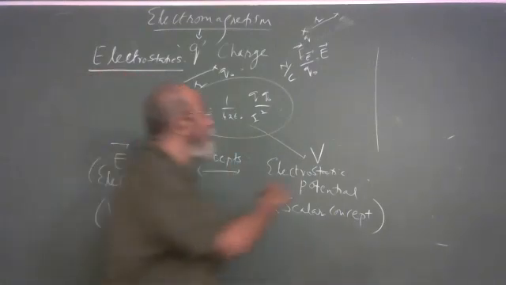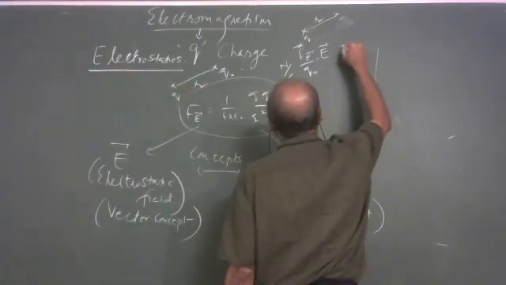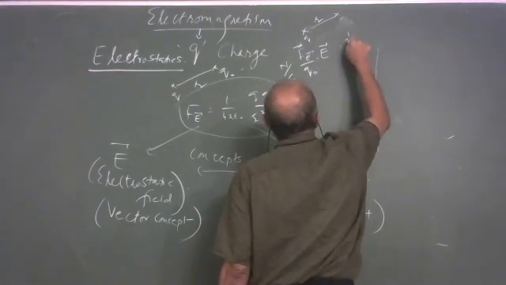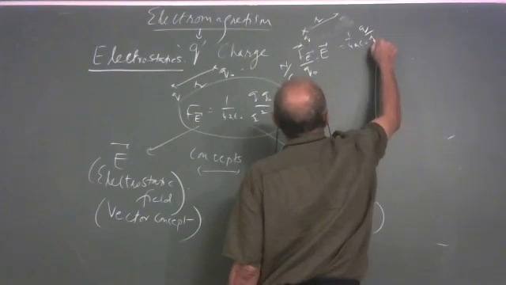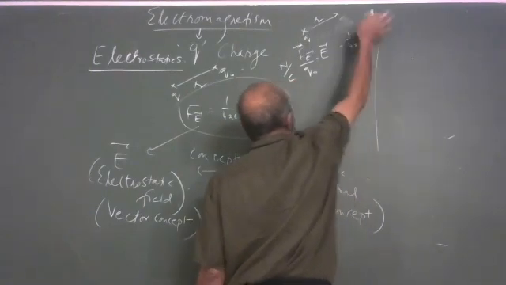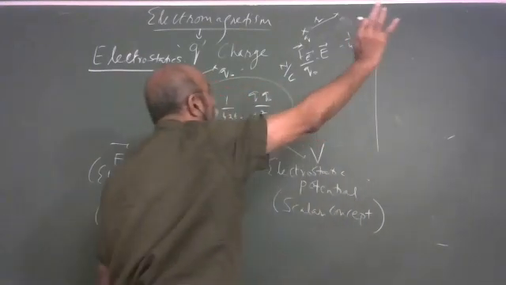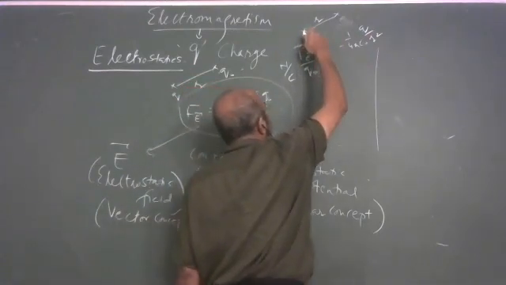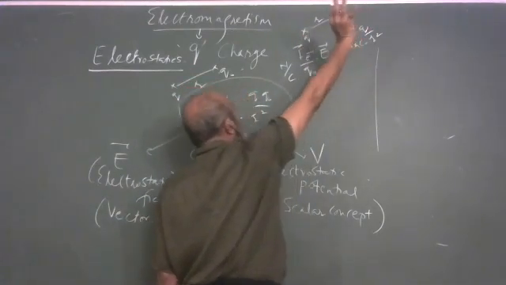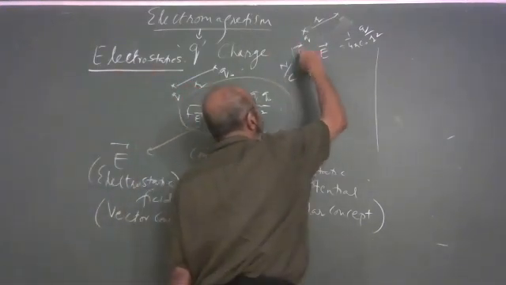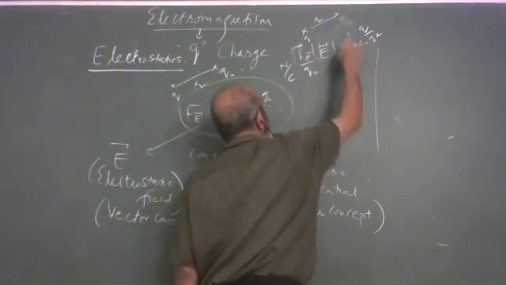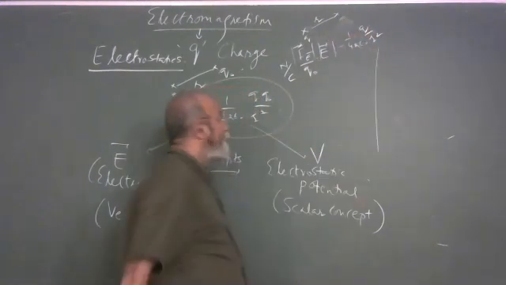And what's on the right side? No Q naught. Q is alone. R is there, yes. But I've shown this as a vector, so magnitude, because I'm not showing a vector here.